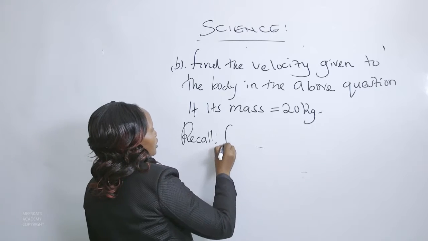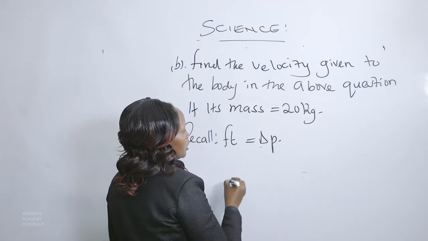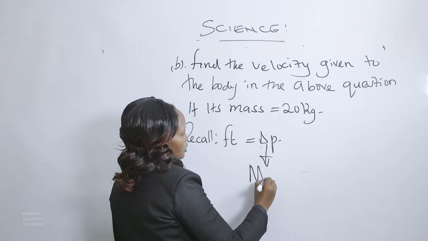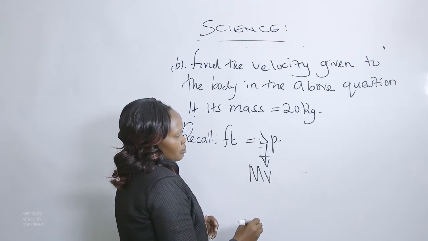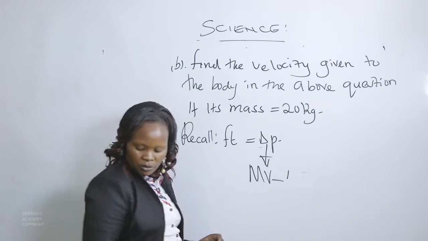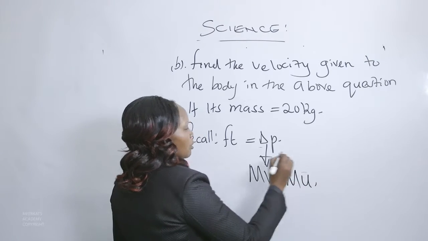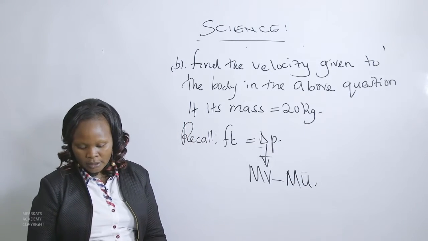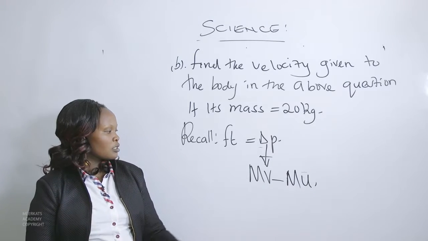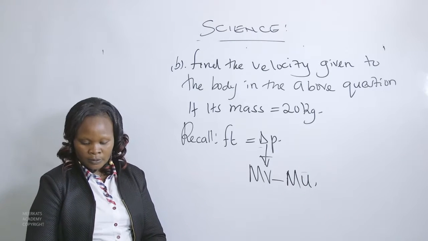Recall that we have taken our impulse to be equal to change in momentum, and change in momentum is given by momentum after acceleration minus the momentum before acceleration. This difference in the momentums is informed by the difference in velocities.